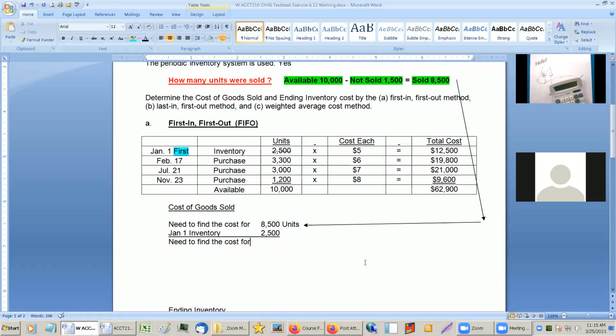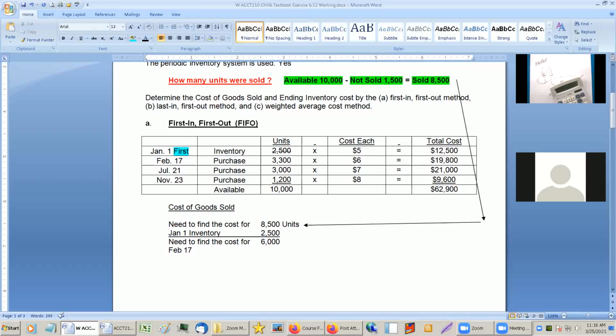Okay, so this is 8,500 minus 2,500, 6,000. Fire up the old calculator. Okay, so we still need to find the cost for 6,000. We've already used the January 1st, so we'll go to February 17th.